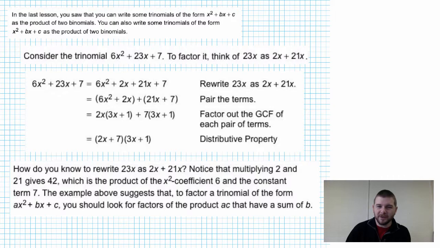That helps us to choose the values that have a sum of 23 and a product of 42. And that is what makes this process work out so nicely, and we arrive at the factored form.